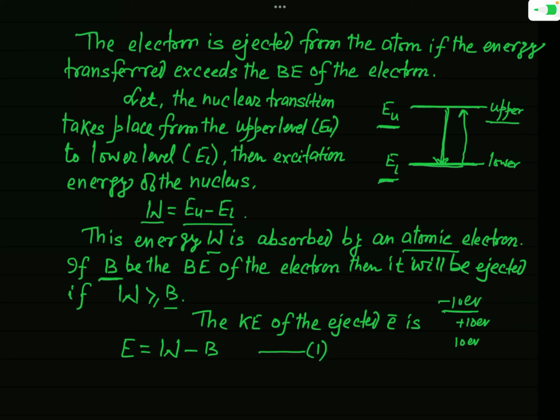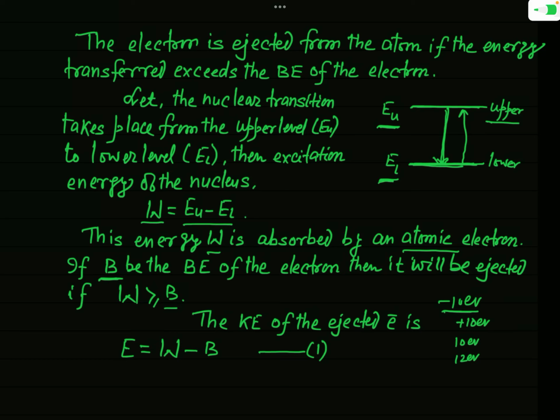But if, let us say, it gains energy of 12 electron volt, meaning the value of W is 12 electron volt, then the extra energy, that is 12 minus 10, which is 2 electron volt, will appear as kinetic energy of the electron.